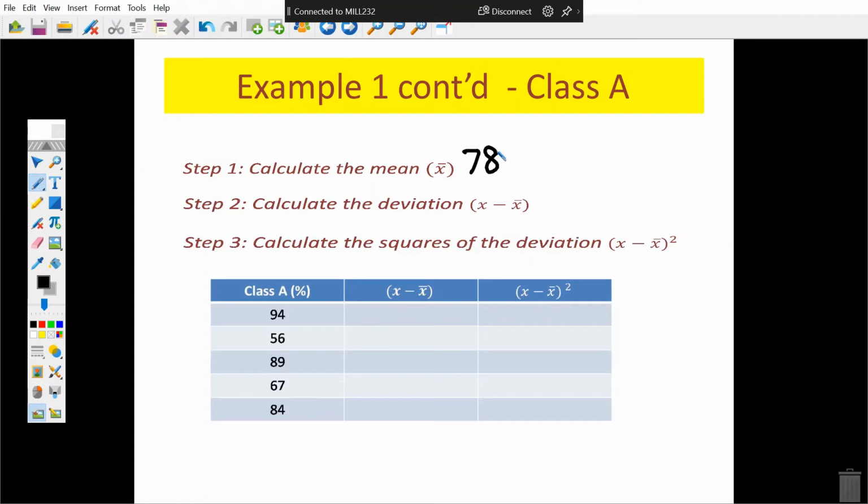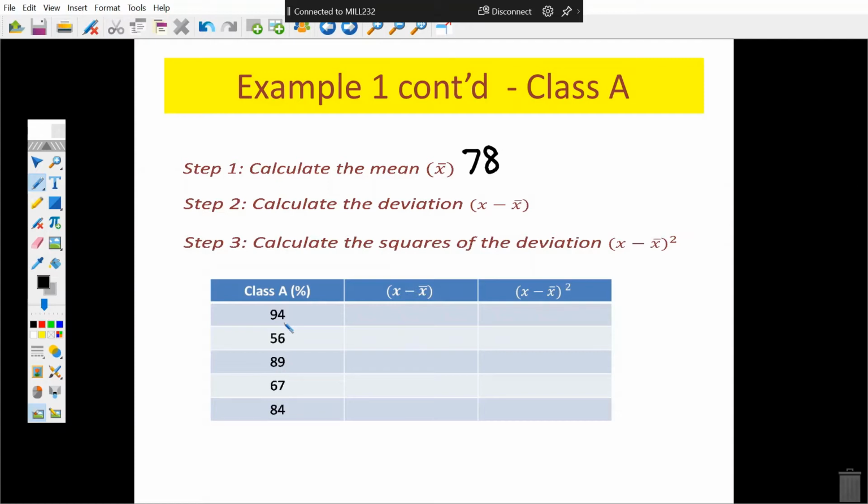To fill in the first column of the chart, we're just going to take the marks and subtract the mean. We could end up with negatives or positives from this, it doesn't matter.